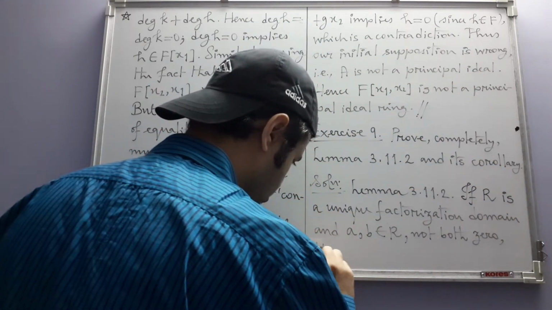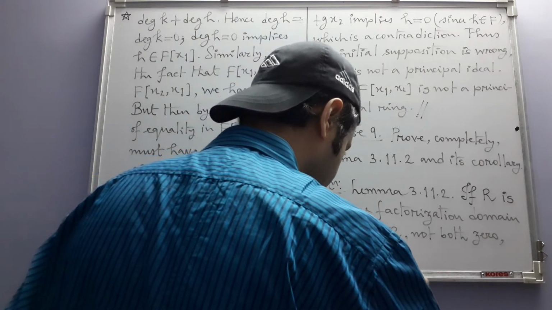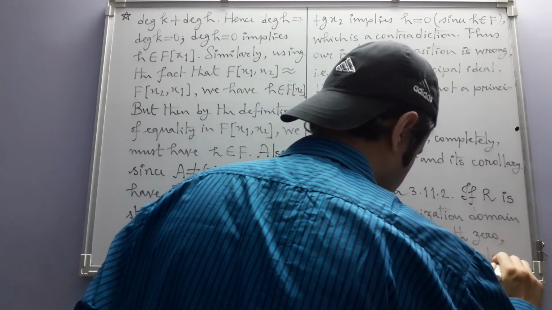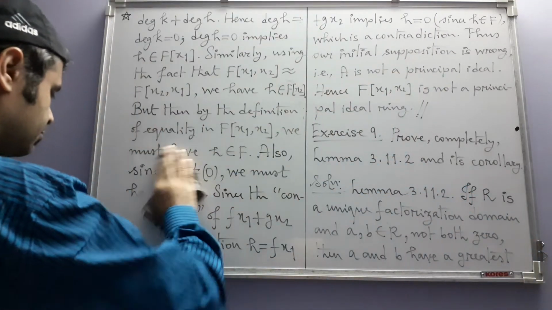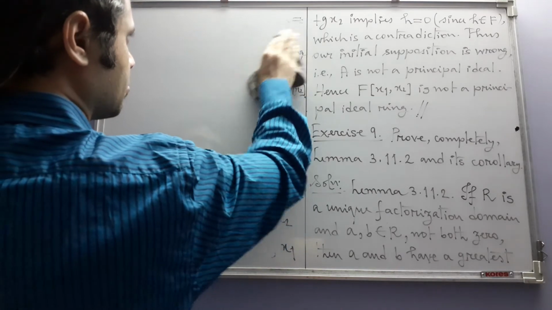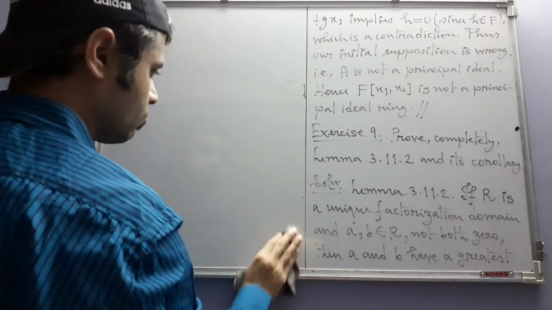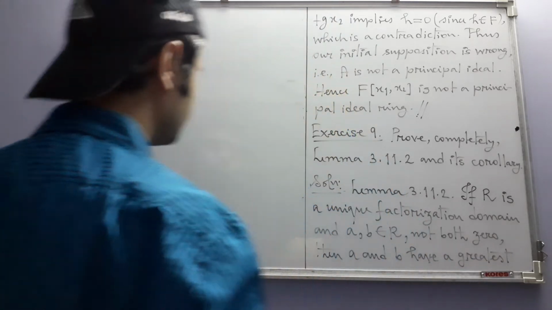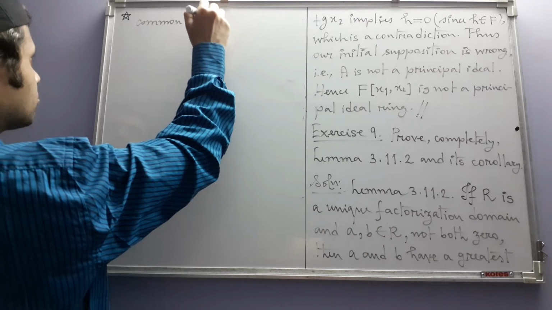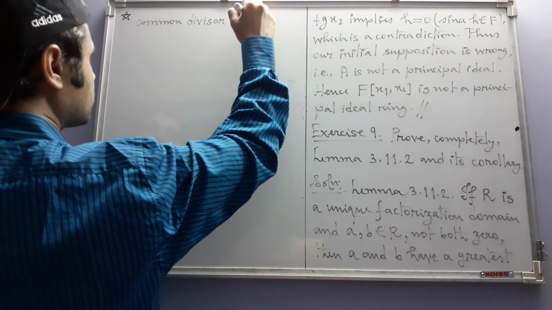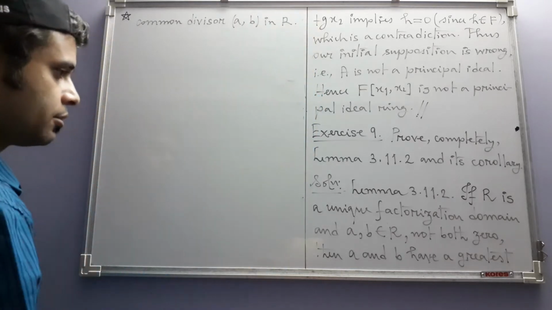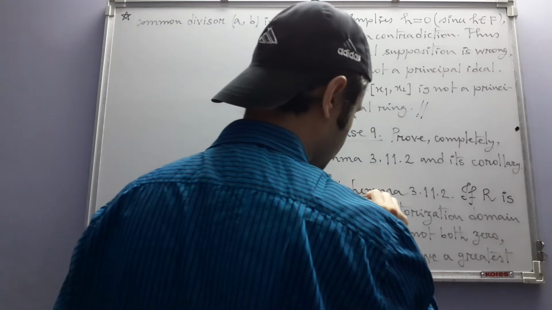Then A and B have a greatest common divisor, which we denote again with the usual notation, in R. So this is one half of lemma 3.11.2.